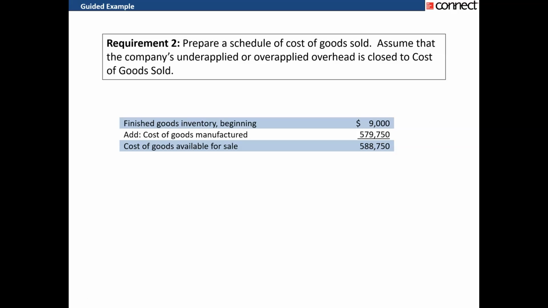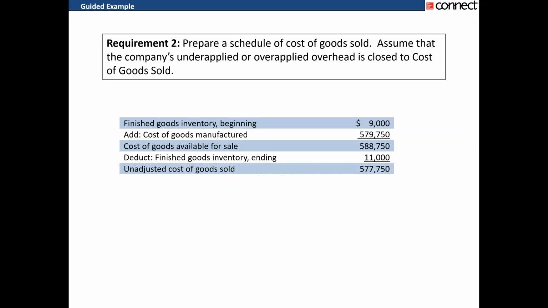That will tell us everything that we had available to sell. Subtract what you still had in finished goods inventory because that is what you have not sold yet. And then this gives you your unadjusted cost of goods sold of $577,750. Now this number here is based on applied overhead, not actual overhead.